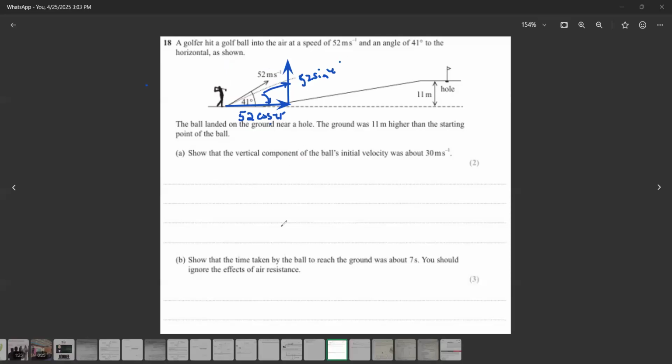So the vertical component will be equal to 52 sine 41. What's the answer for 52 sine 41? 34.1. It's a large difference.